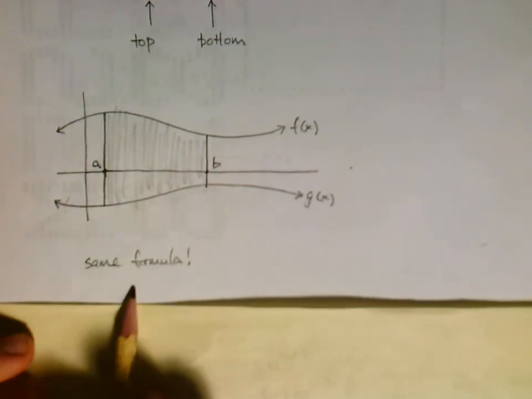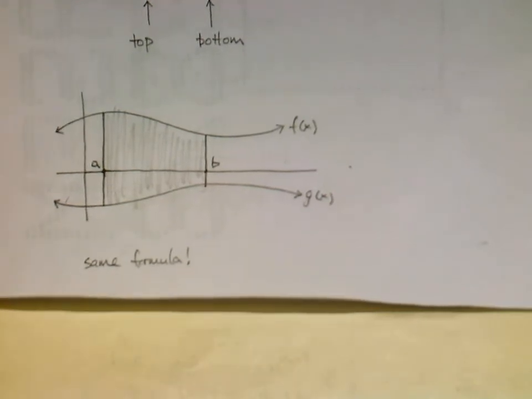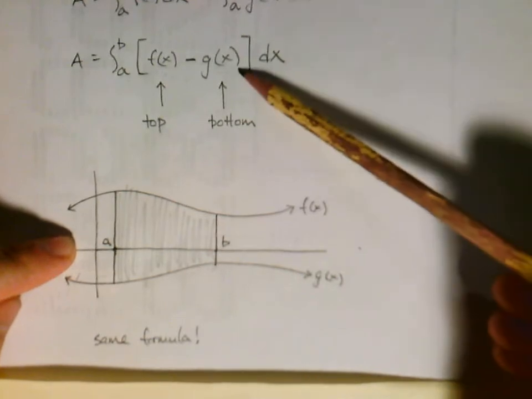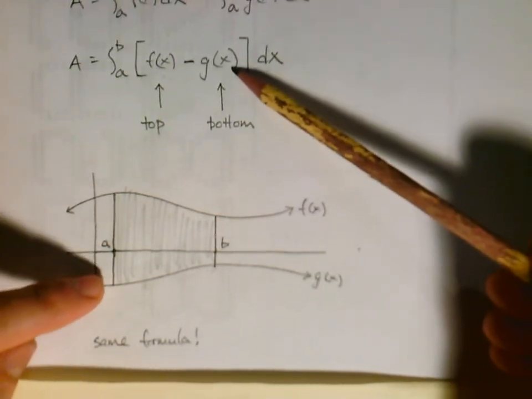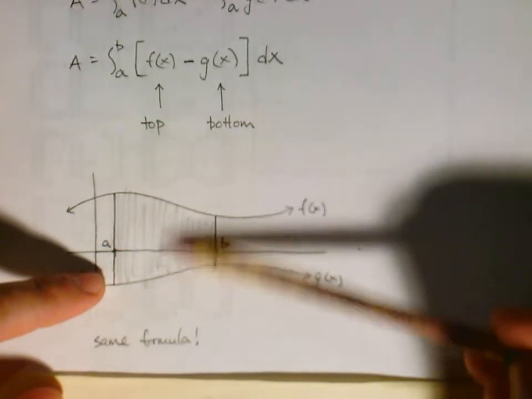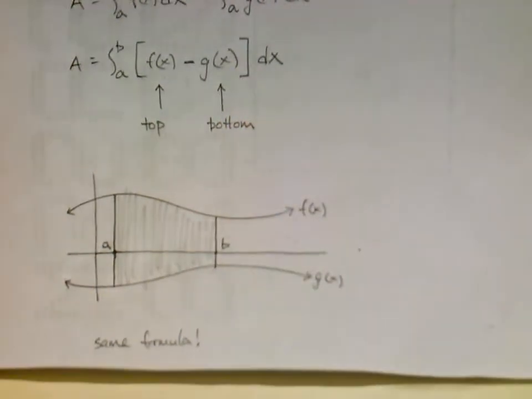So it's not a different formula. It's the same formula. Let me get it back on the screen. You would still subtract g here because that integral is going to be negative, so subtracting it would end up adding. So to get that area, we still use this. That is so awesome.